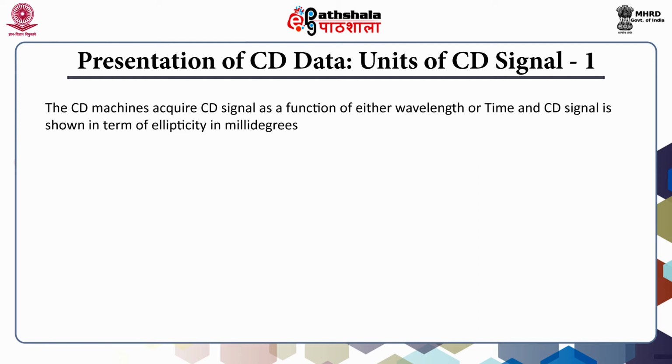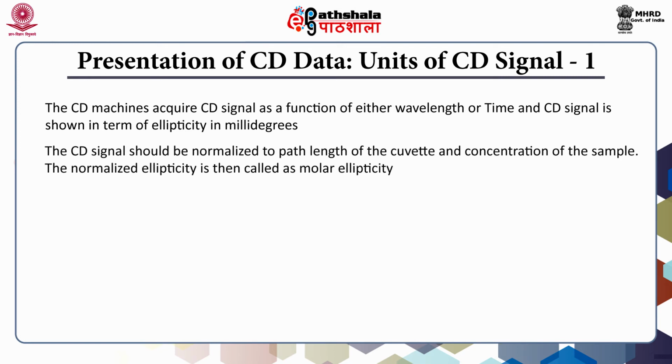The data was obtained as millidegree versus wavelength or millidegree versus time. The CD signal should be normalized to the path length of the cuvette and the concentration of the sample, because different laboratories collect data in different path lengths of cuvettes as well as different concentrations, but when we report the data, we have to report it in a standard form, and this standard form is called the molar ellipticity for CD, or for an ORD experiment we can say molar rotation.